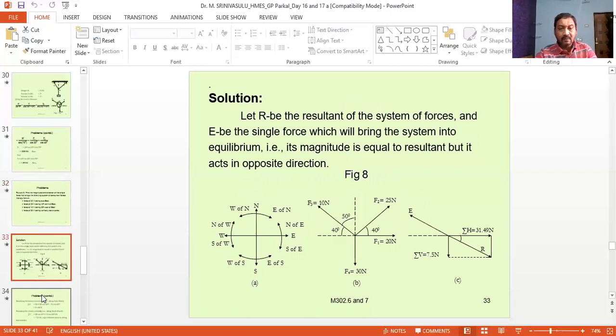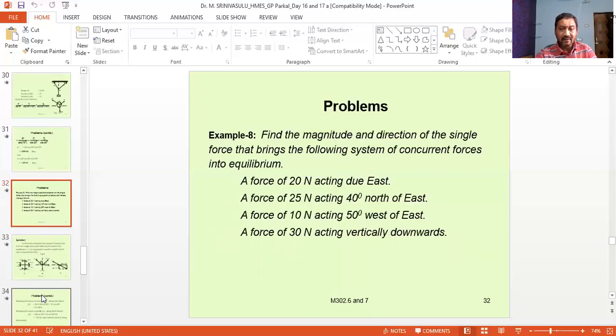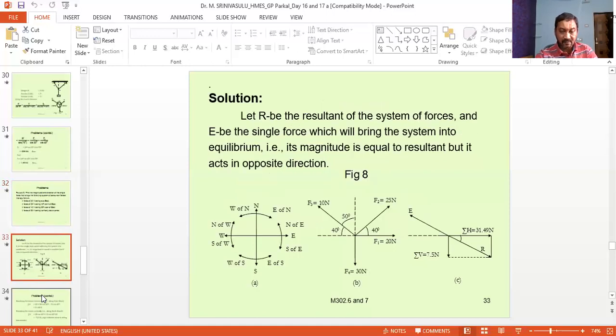Here it should be west of north, I think, not west of east. So from north it is 50 degrees. The 10 newtons is acting in the west of north, that is the northwest direction, making an angle of 50 degrees with north.